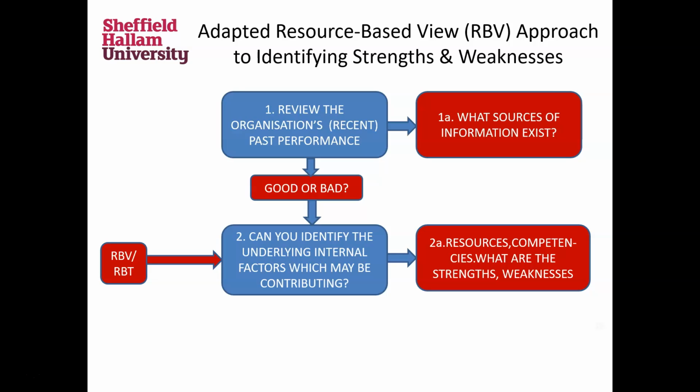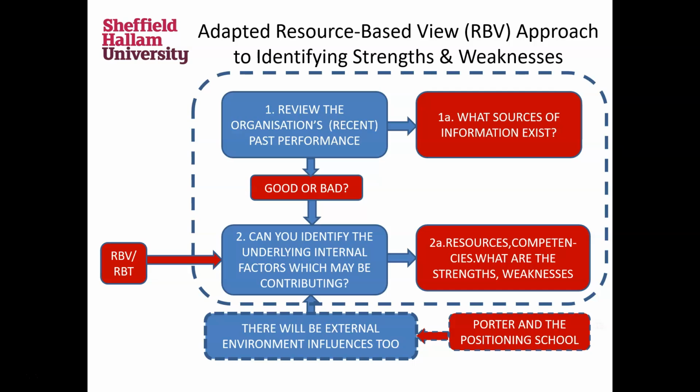So by thinking about number 2, we can move to 2A, which is identifying the strengths and weaknesses. Now, your task, your homework for this week is to concentrate on this area here. So 1, 1A, 2 and 2A.